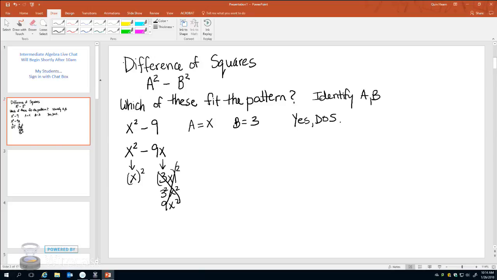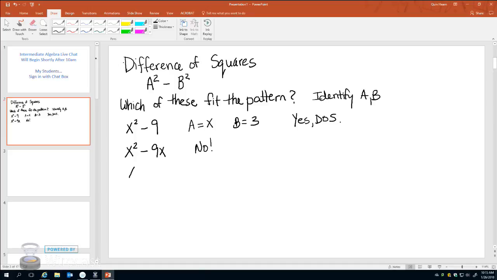There's no way we can figure out a B that's going to be squared to give us 9x. So that means that no, it does not fit the pattern. That doesn't mean, by the way, that you can't factor it. When we look at factoring later, there's other techniques, but it doesn't fit the difference of squares, so we won't be able to factor it like a difference of squares.